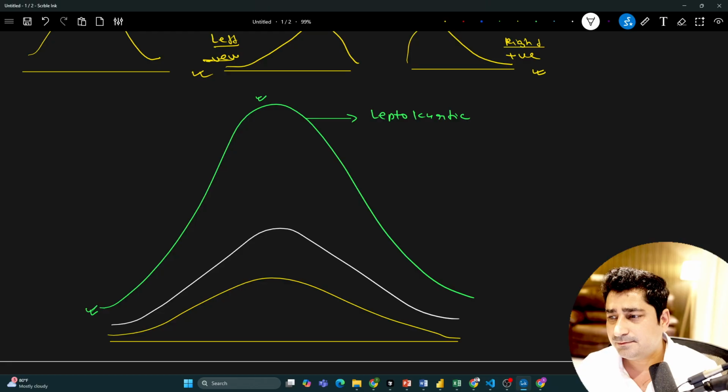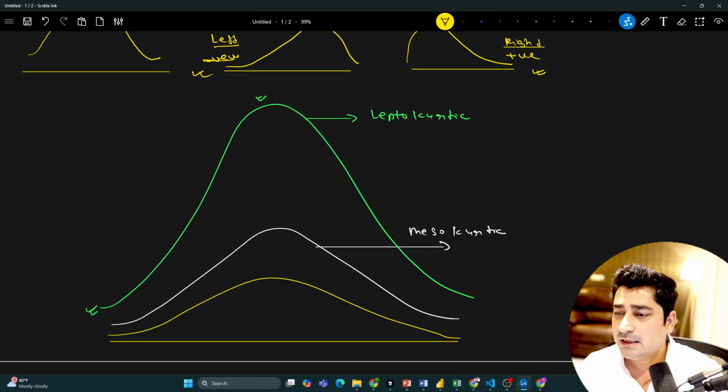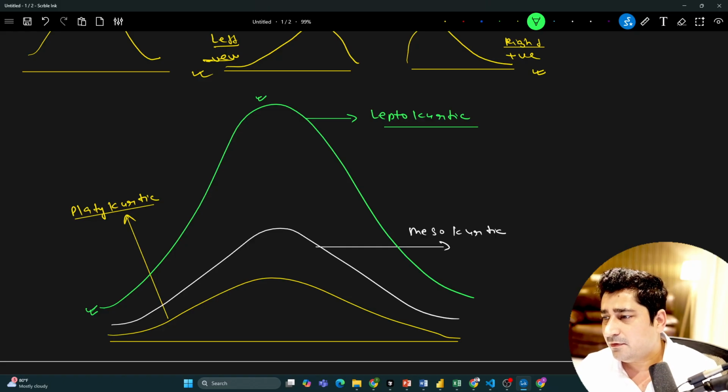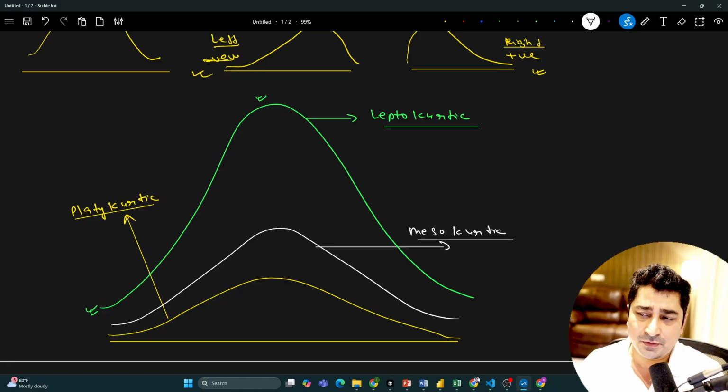The white one I'm going to label as mesokurtic, and the yellow one I'm going to name as platykurtic. Fine. So we have a leptokurtic, a mesokurtic, and a platykurtic. So we have all three curves over here.